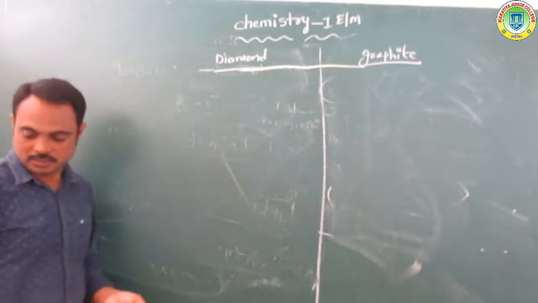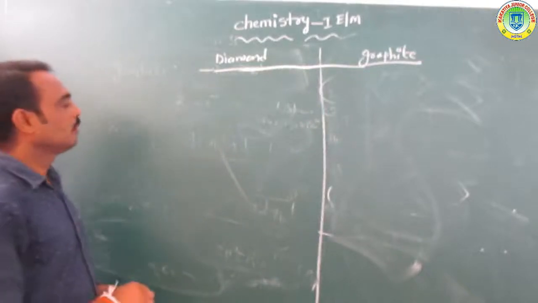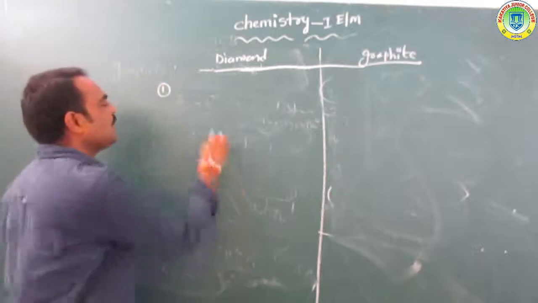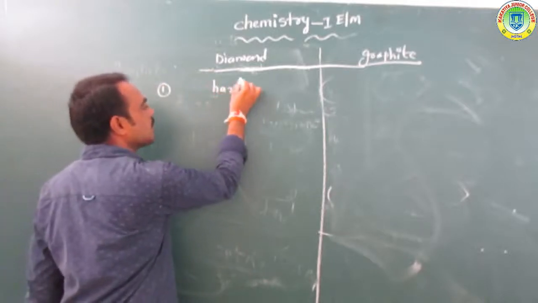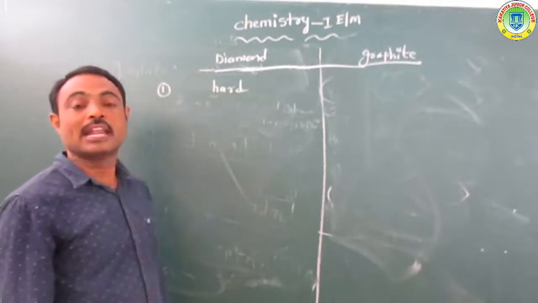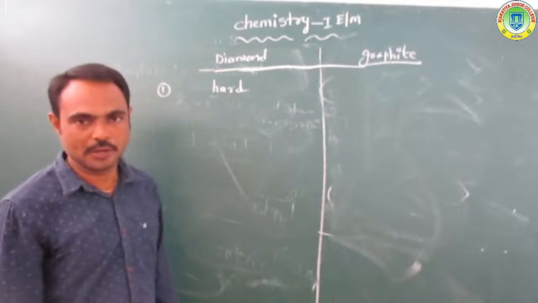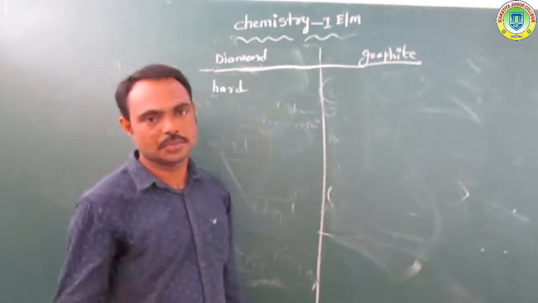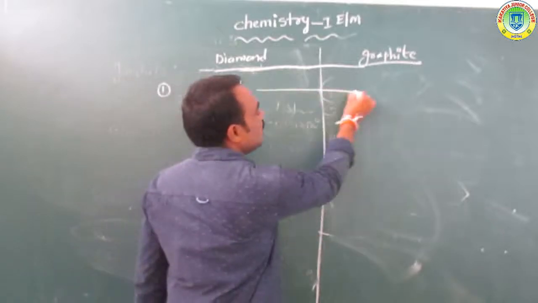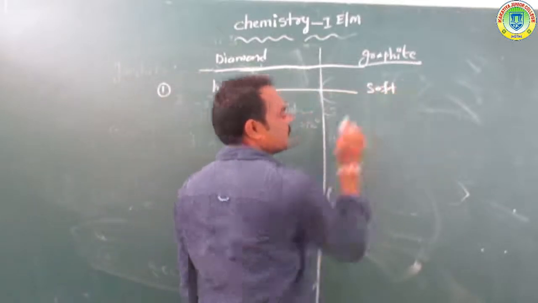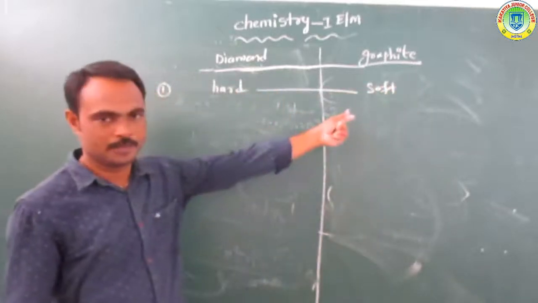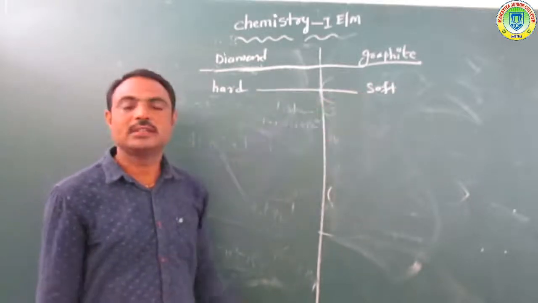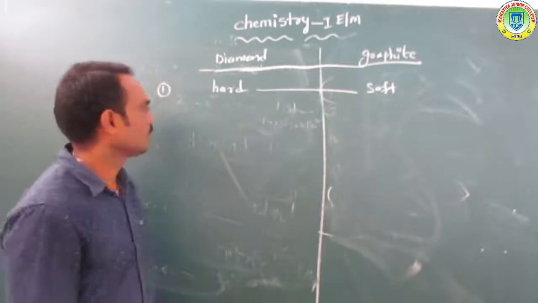First point: diamond is a hard substance, as we already know. Next, graphite is a soft substance.